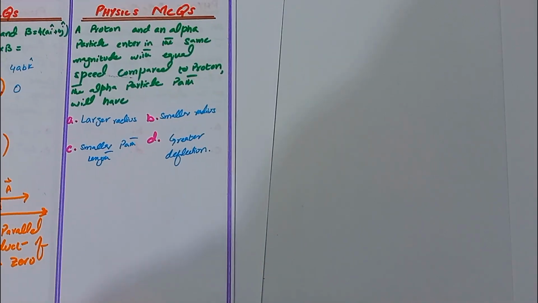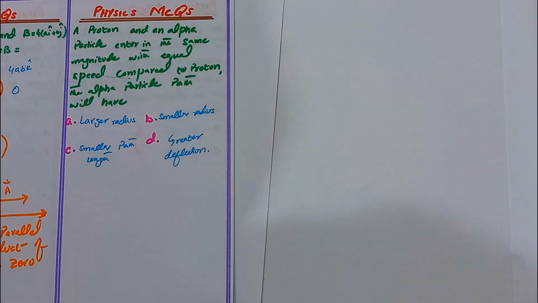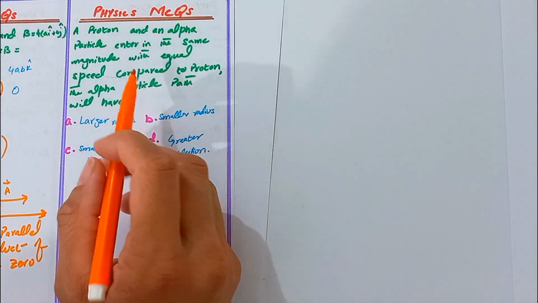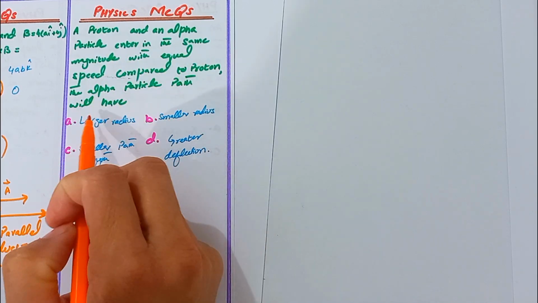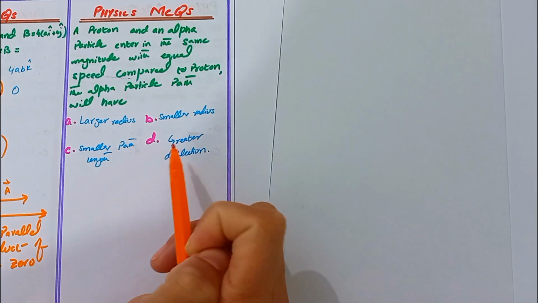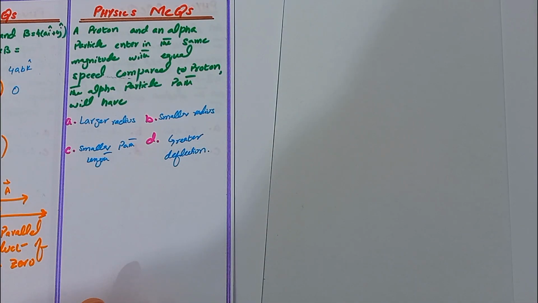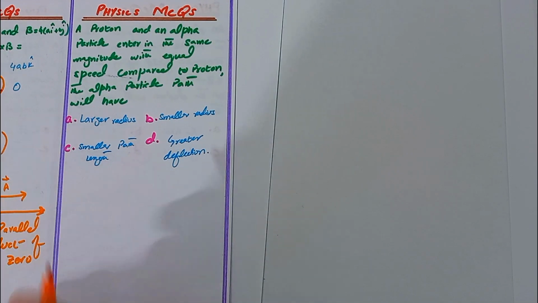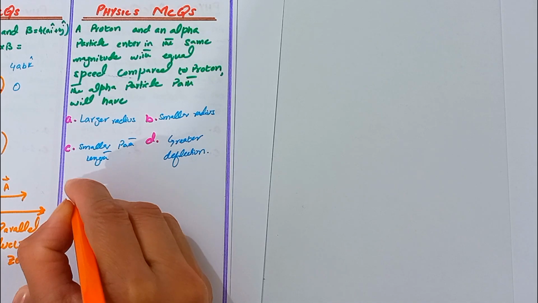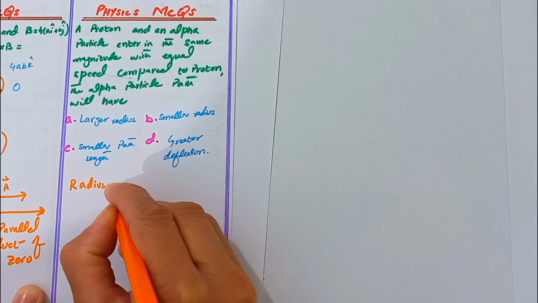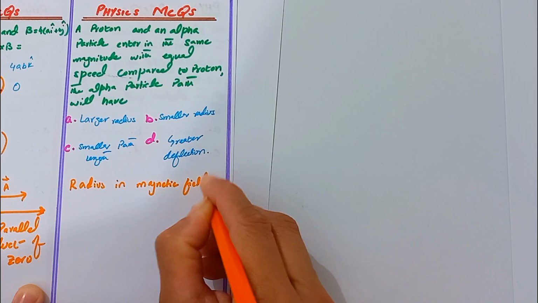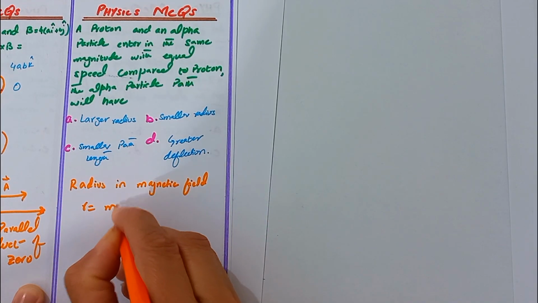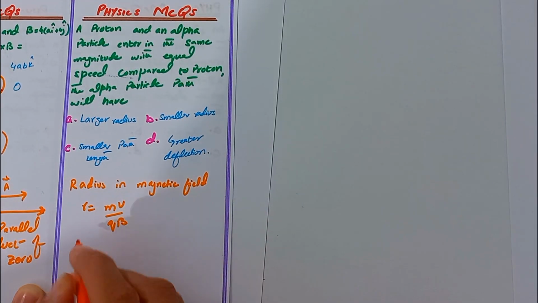Okay, now we discuss the last numerical. They asked that a proton and an alpha particle enter a magnetic field with equal speed. Compared to the proton, the alpha particle's path will have a larger radius, smaller path, larger length, or greater deflection. So here we write that the radius in a magnetic field is R equal to mv over qB.